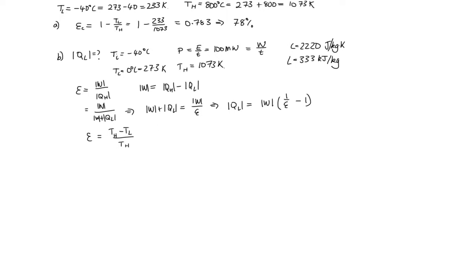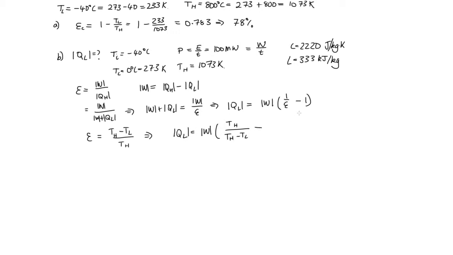And this we can then substitute in here, because this tells us that QL is equal to W, and I'm going to replace 1 on the efficiency with TH over TH minus TL.